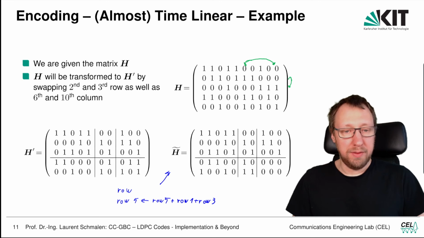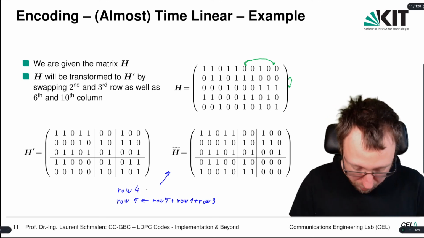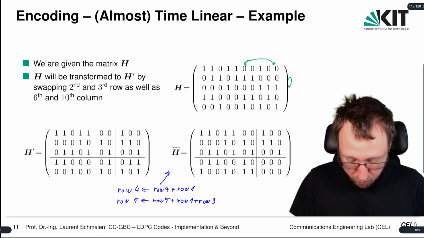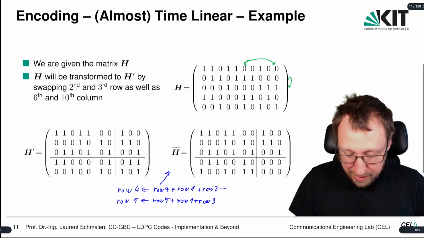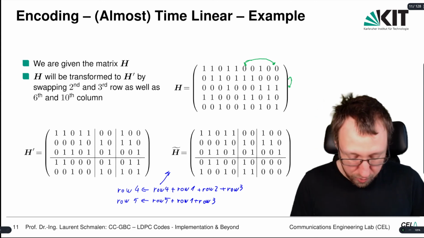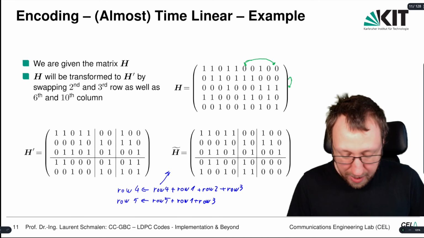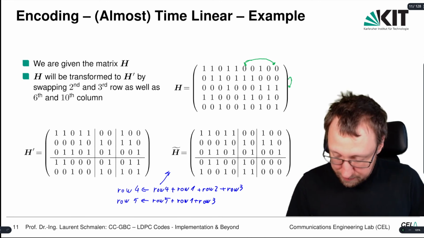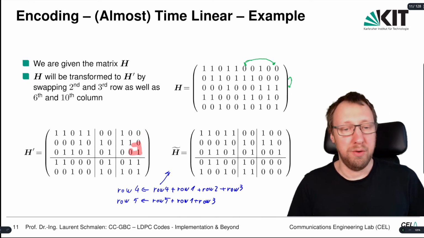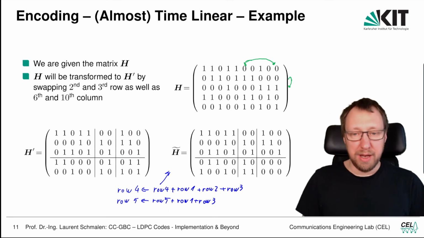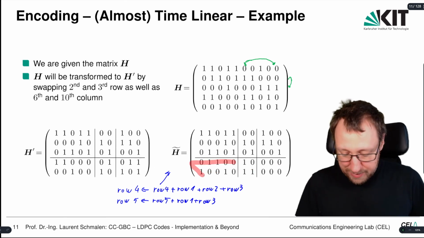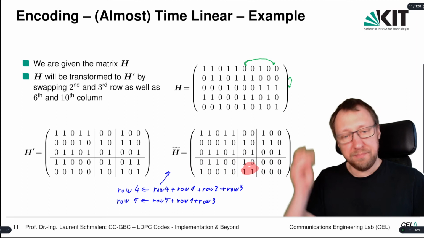And in order to get rid of the fourth row, row 4 becomes row 4 plus row 1 plus row 2 plus row 3. So just add all the 3 rows together up here, and we see that this will give us 1 plus 1 is equal to 0, and then we have 1, 1. So it will be 0, 1, 1. So that's also how you can get rid of this guy. And of course, these will change. So this will be our C tilde, and this will be our D tilde.